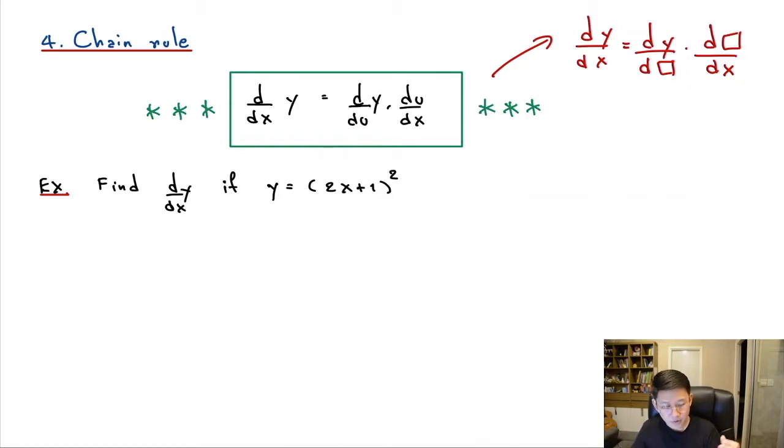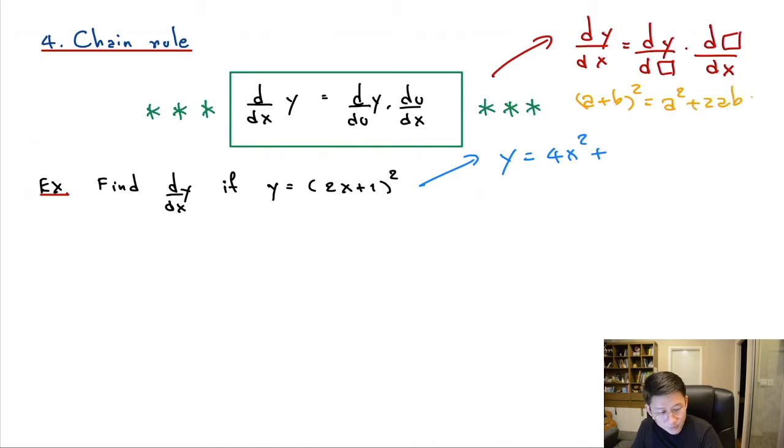So let's look at an example. Here, this y. If you want to do it directly, that's pretty easy. Remember the formula: (a plus b) squared is a squared plus 2ab plus b squared.